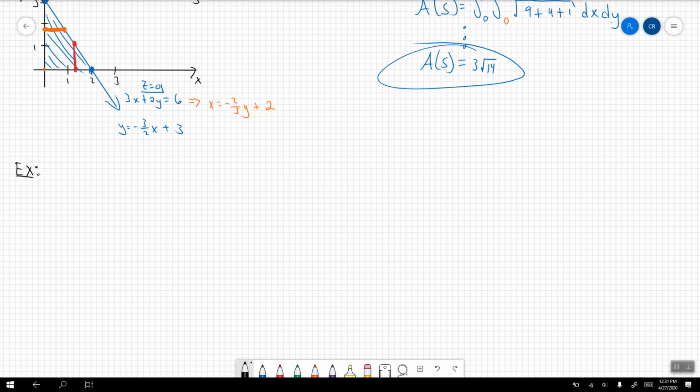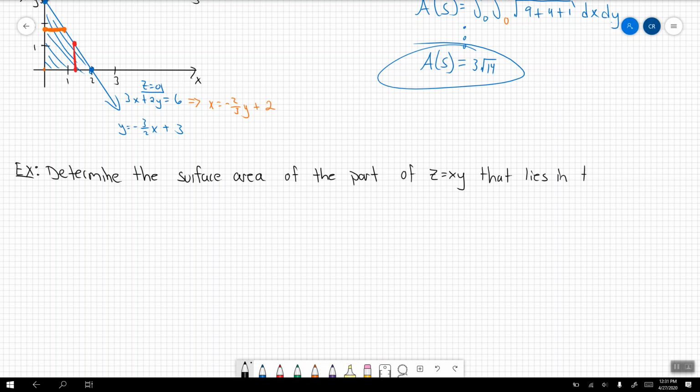example. In this example, we're going to want to determine the surface area of the part of z is equal to xy that lies in the cylinder given by x squared plus y squared is equal to 1.